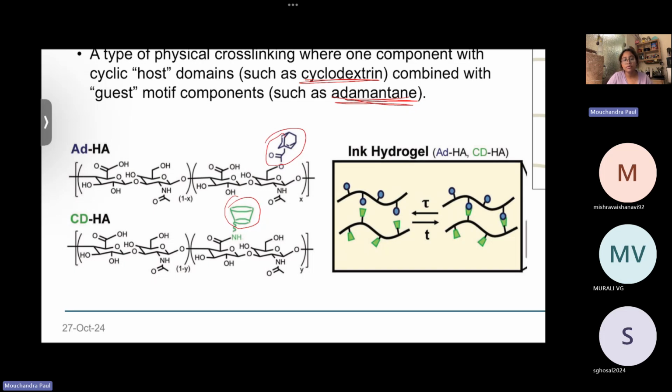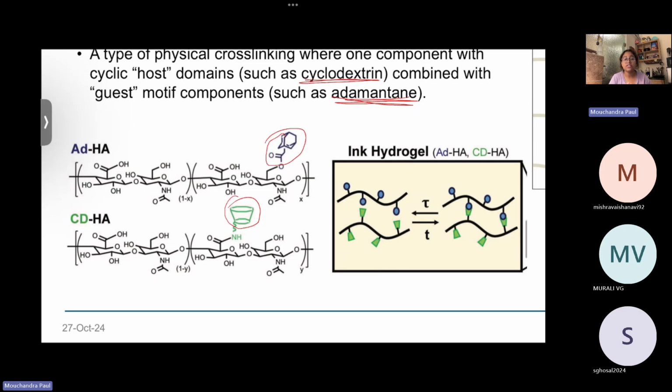When these two types of modified hyaluronic acid are mixed, adamantane goes and sits within the funnel of cyclodextrin. So you see, cyclodextrin is providing a place, a configuration, for the adamantane molecule to sit inside. So cyclodextrin is your host, and your guest molecule is adamantane. So this is called guest-host interaction.